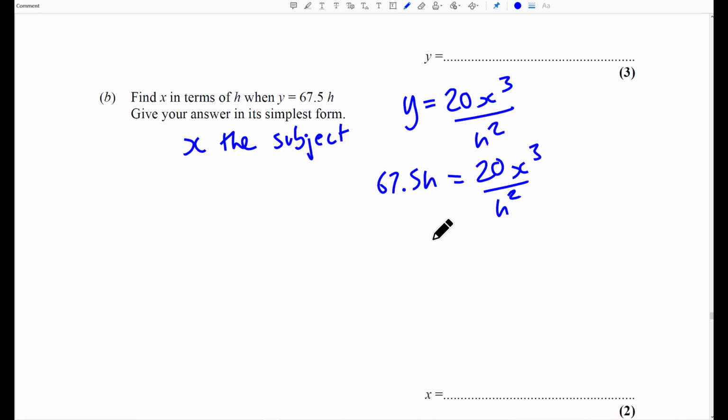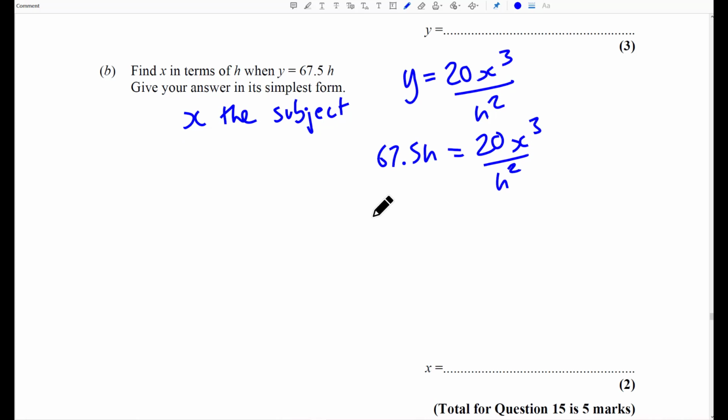So we times by h squared. It's in its simplest form. So anyway, we're just going to do 67.5h divided by 20 and we're going to times by h squared.